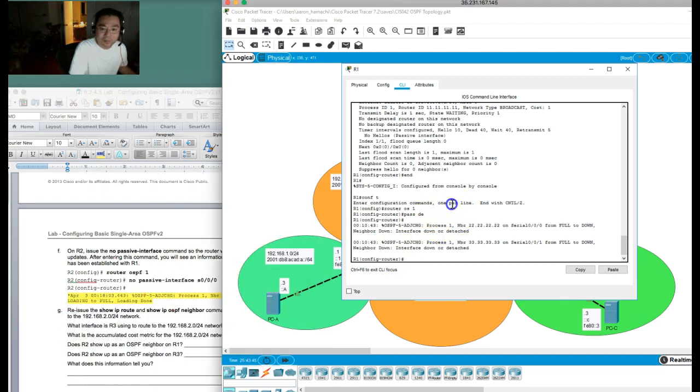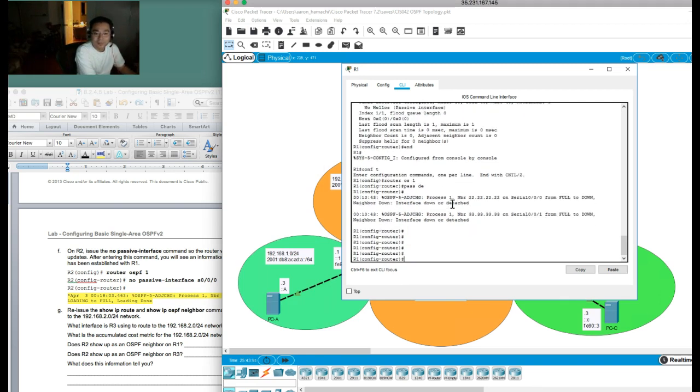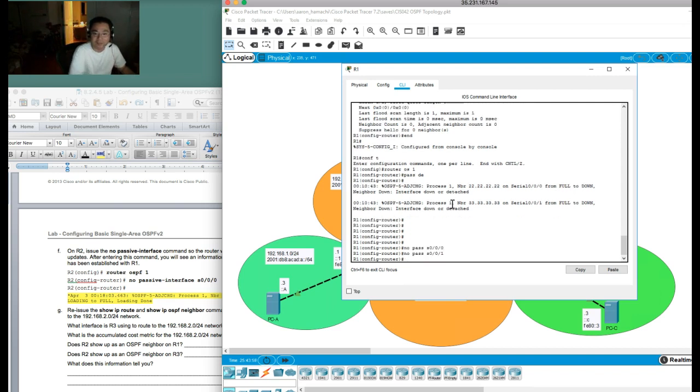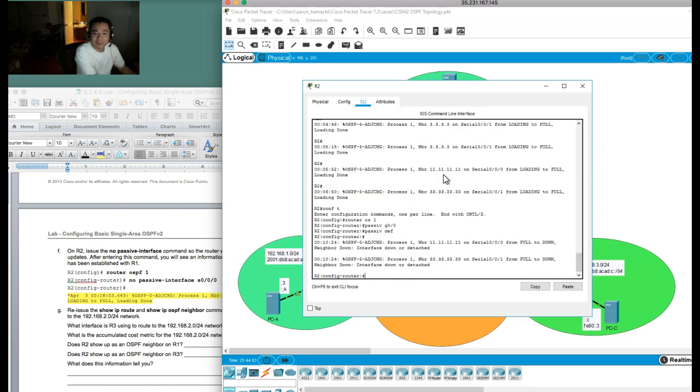Okay, so what we do then is we do no passive S0/0/0 and no passive S0/0/1. Same with this.